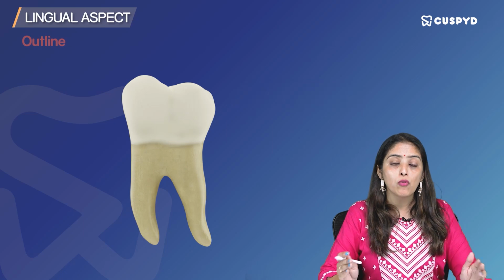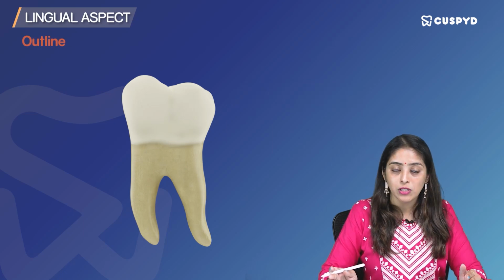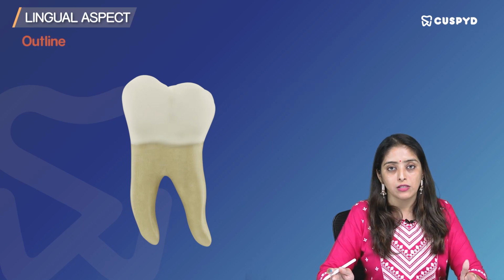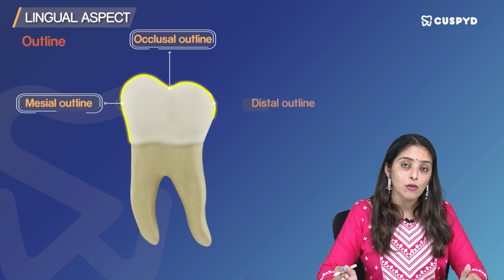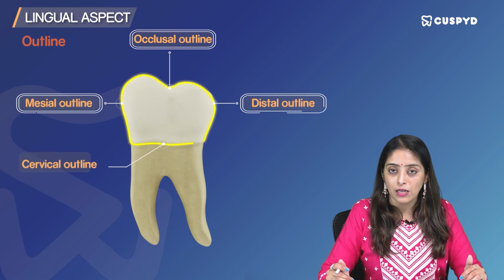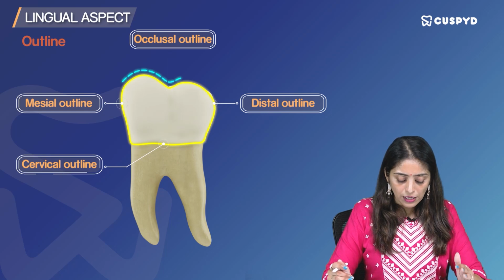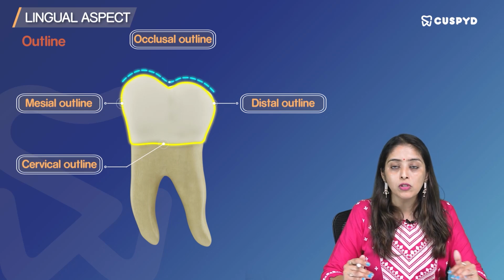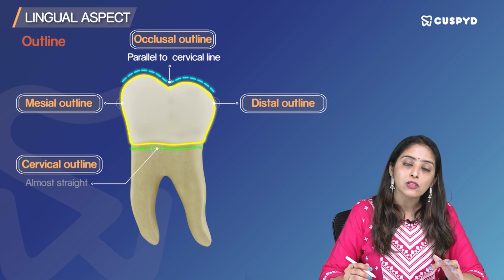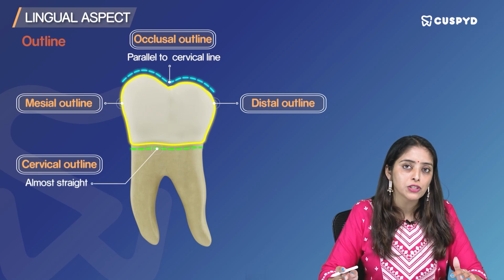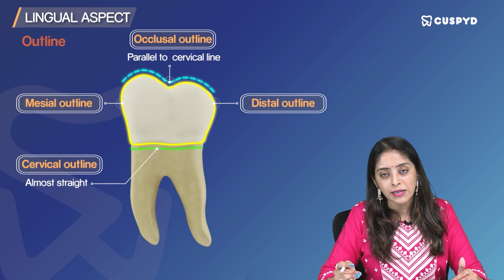When we look at the outlines of the mandibular first permanent molar, you have 4 outlines: the occlusal outline, the mesial outline, the distal outline, and the cervical outline. The occlusal outline is almost parallel to the cervical line. The cervical line is almost straight with not much deviation towards the occlusal or the root aspect.